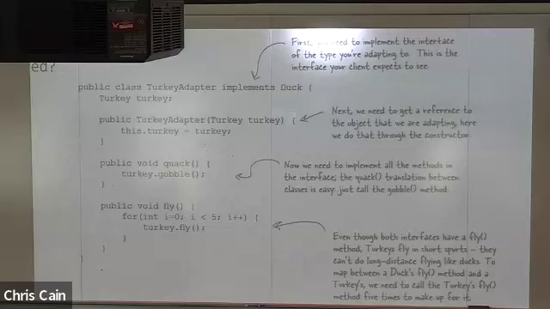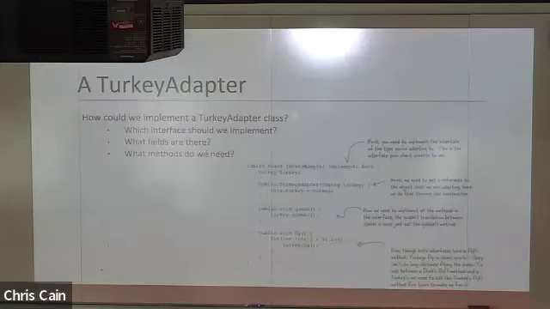And then when we say fly, all of the ducks fly once, but the turkey sees the fly and says, all right, I need to fly 5 times to make up for the fact that all ducks are flying once, since I'm lazy. All right, so that's the turkey adapter.